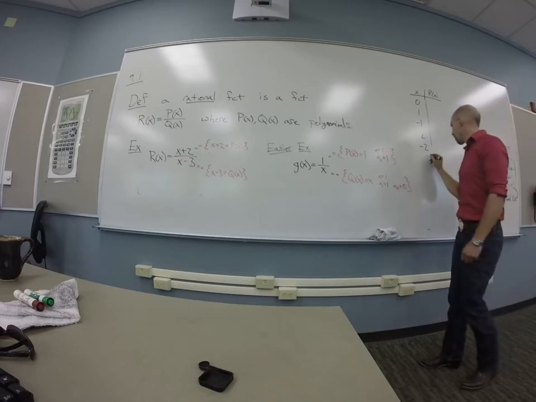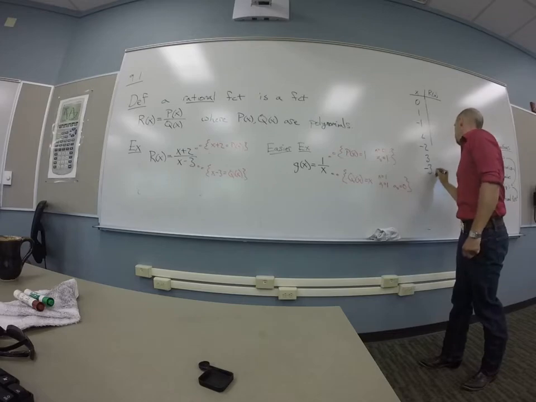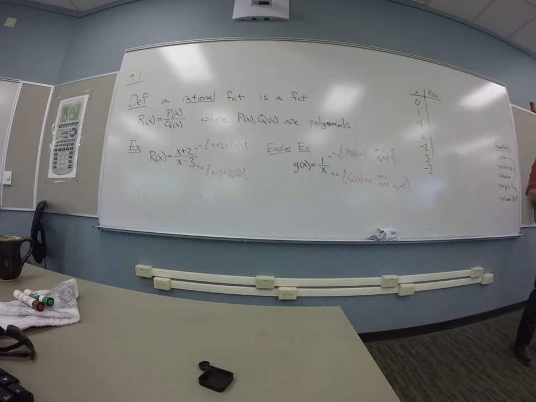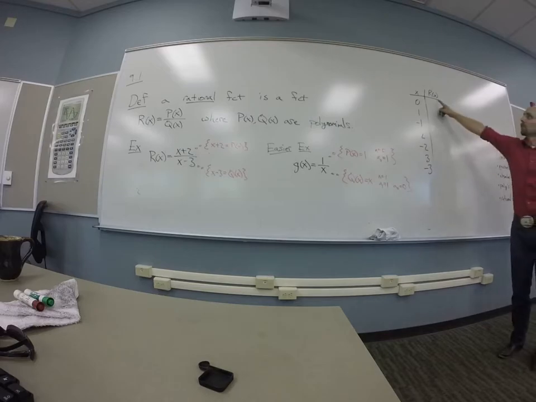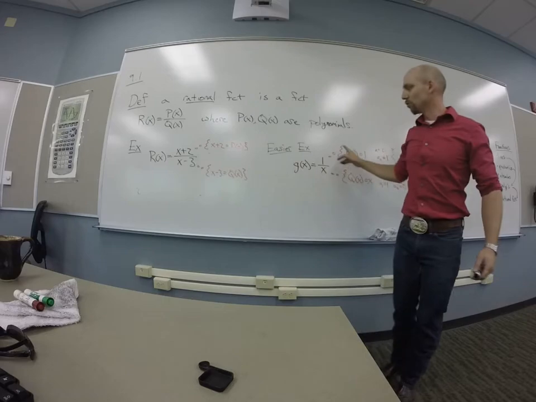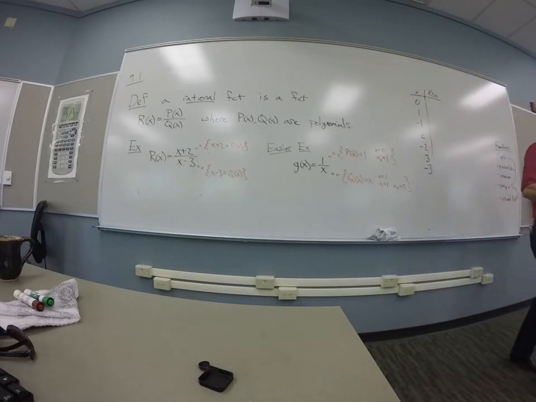Maybe let's add a couple more for kicks. Can you guys try to calculate these for a bit? For which one? 1 over x? R of x. So, this is a rule called R, this is a rule called G. For G, these would be really easy.